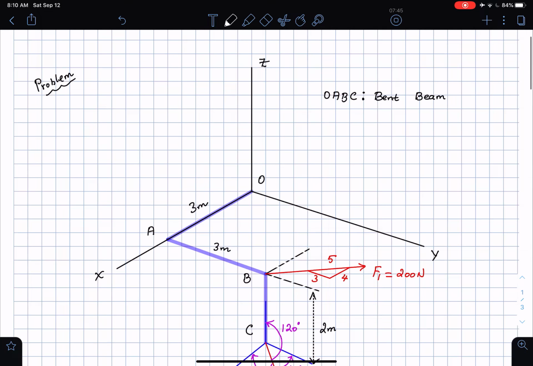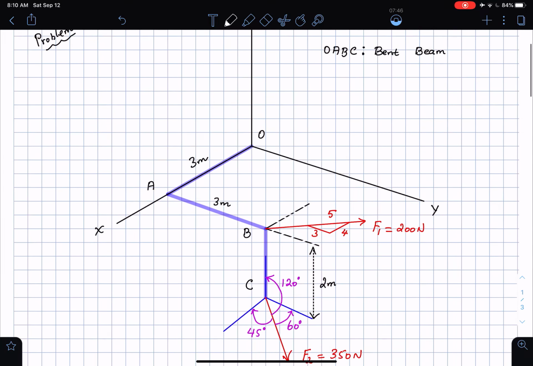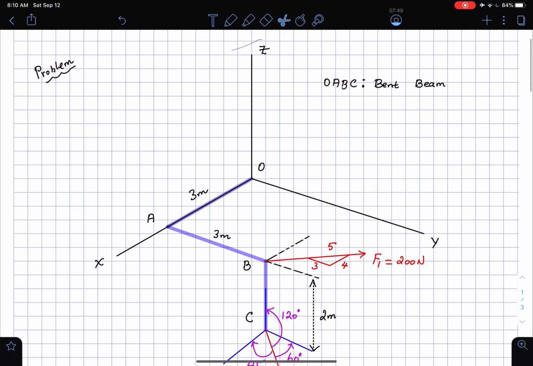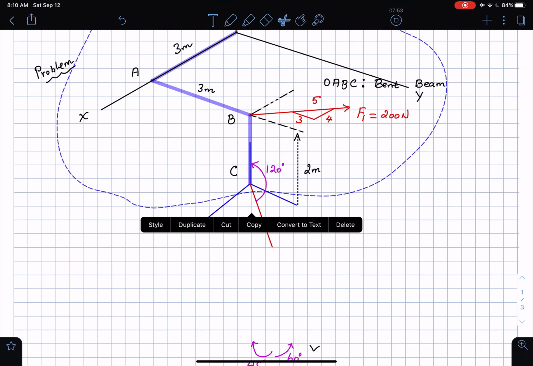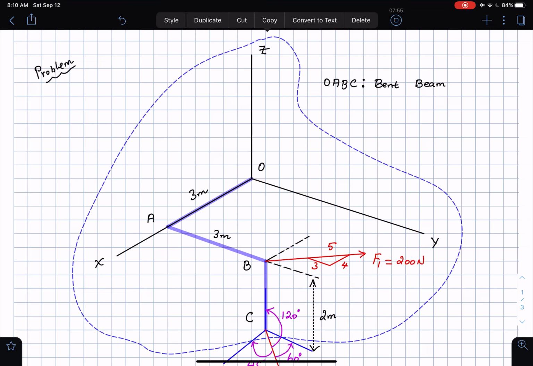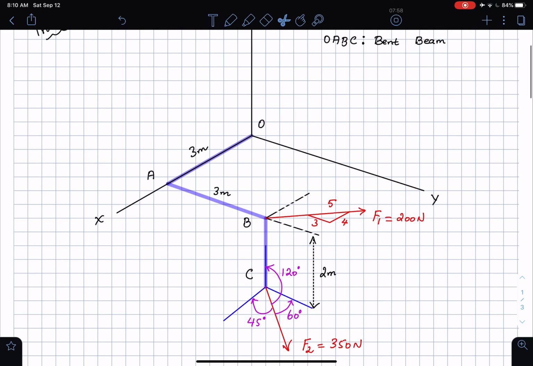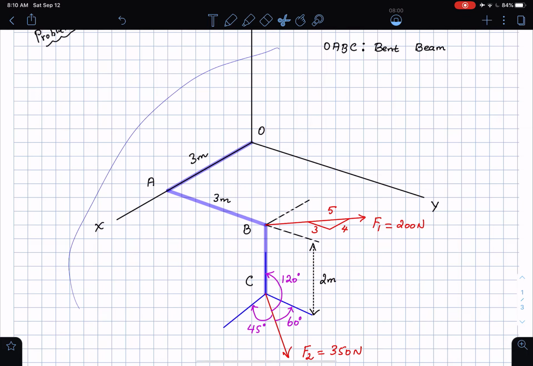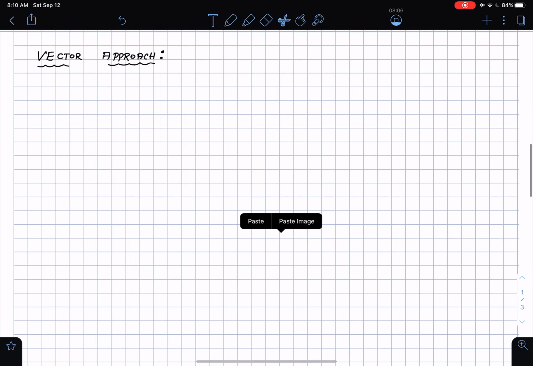If I take this force F1, let me copy this figure. I think I might need to copy this figure. I guess I just destroyed my figure here. So somehow I need to copy the entirety of this figure, which I'm trying to do. All right, I think I got it.